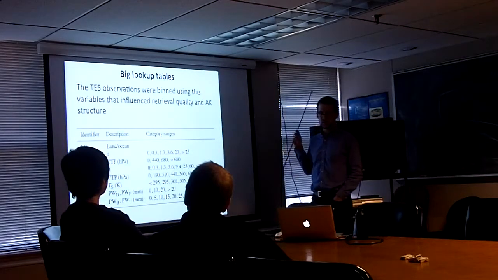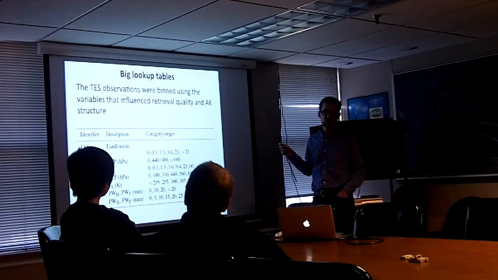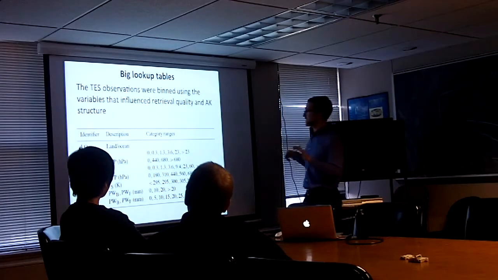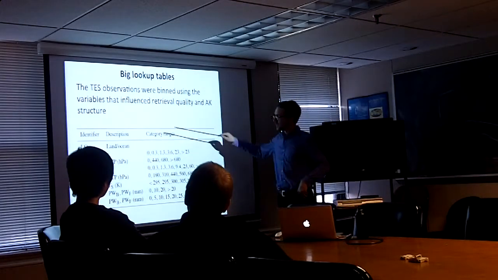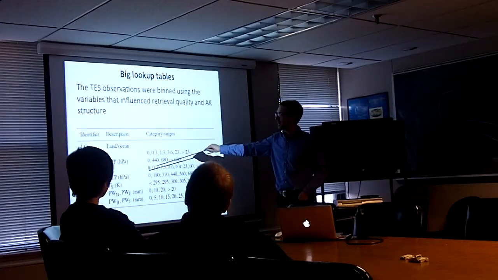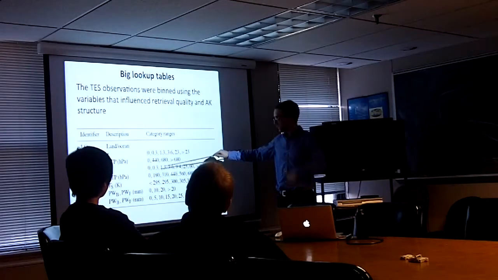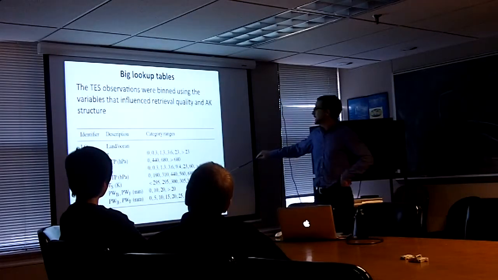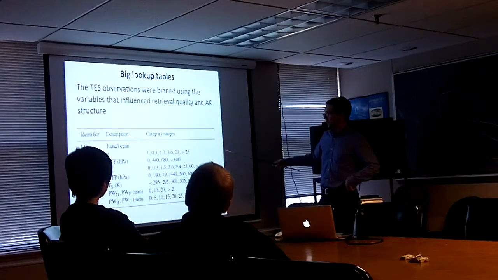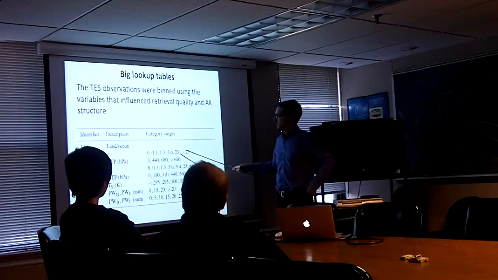Like I said before, it's very much an empirical approach, in that we made a bunch of big lookup tables from the observations, based on the meteorological quantities that are part of the satellite data and that would influence the retrieval quality or the averaging kernel structure.